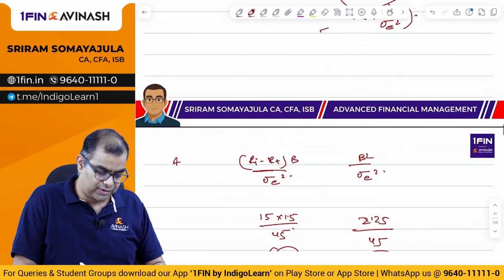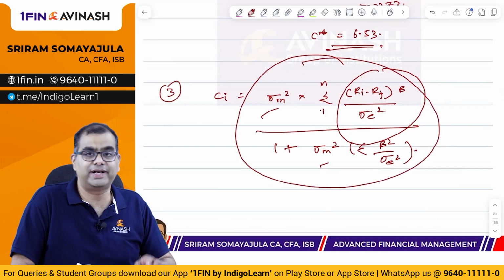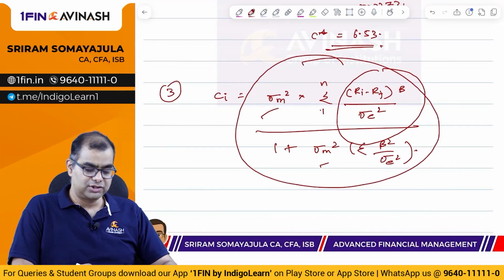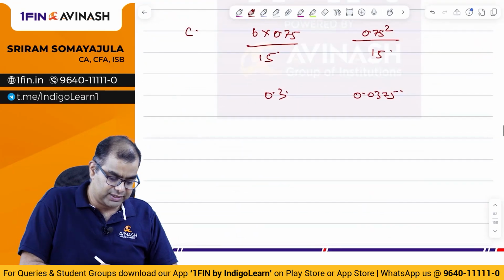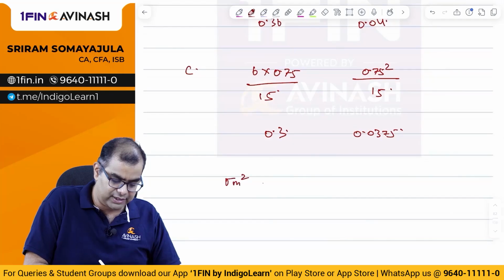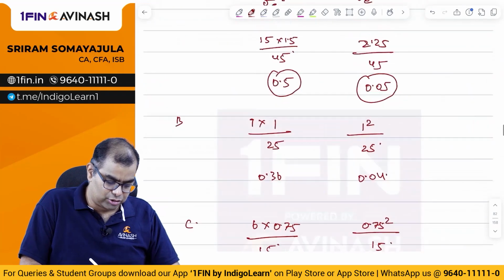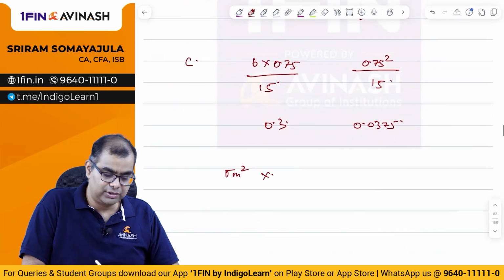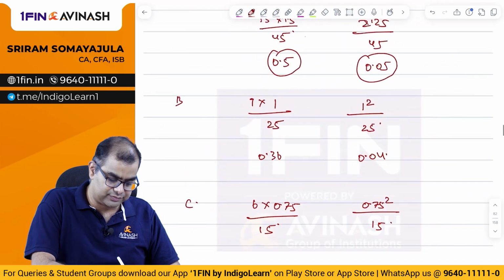Now, what is this formula? This formula has to be looked at at the cumulative level at this particular point. So, cumulative, this formula is market variance into the summation of all of this.